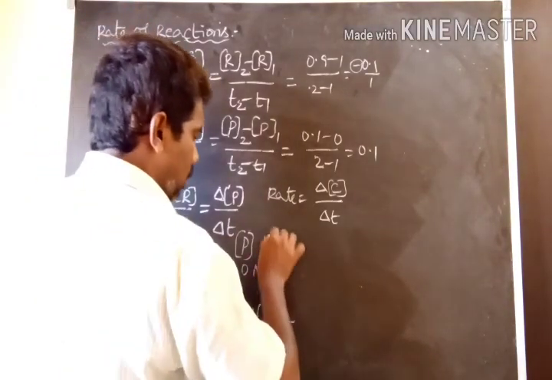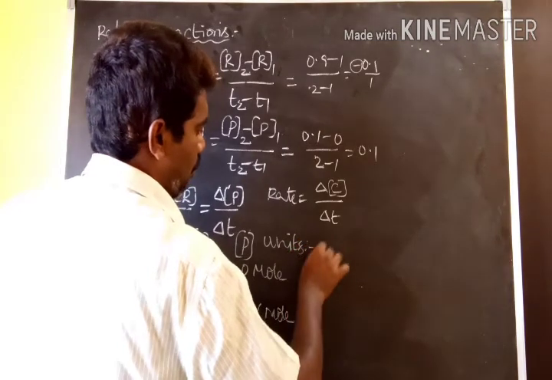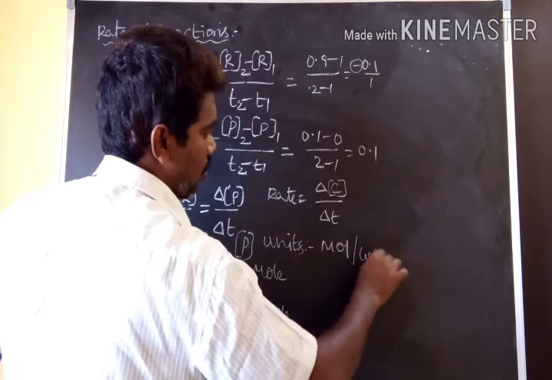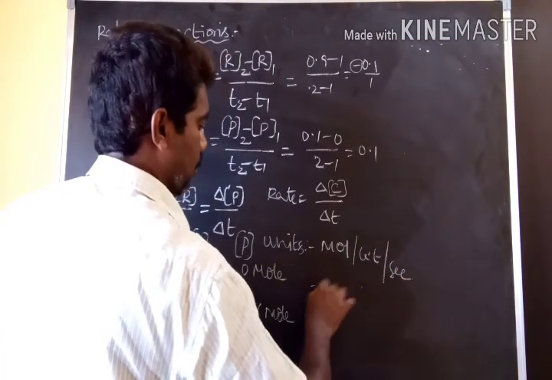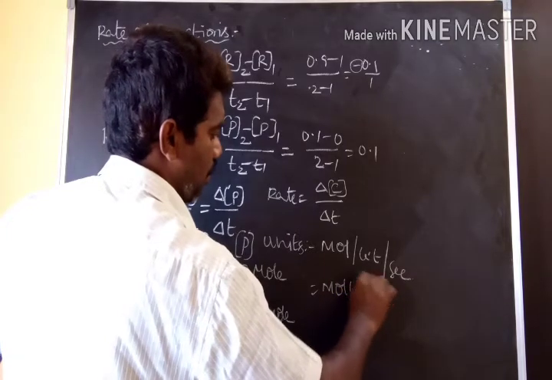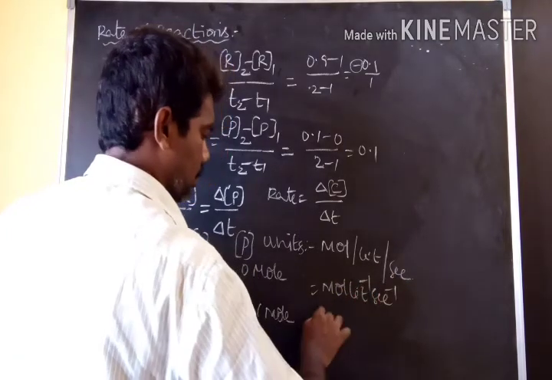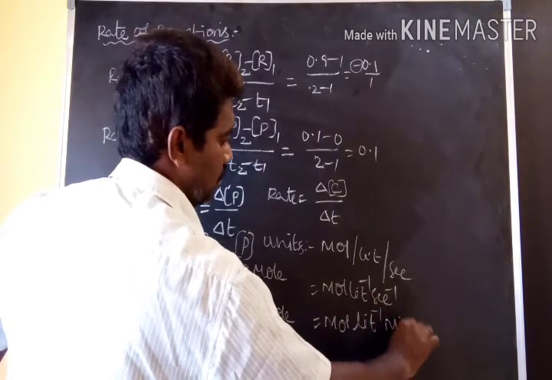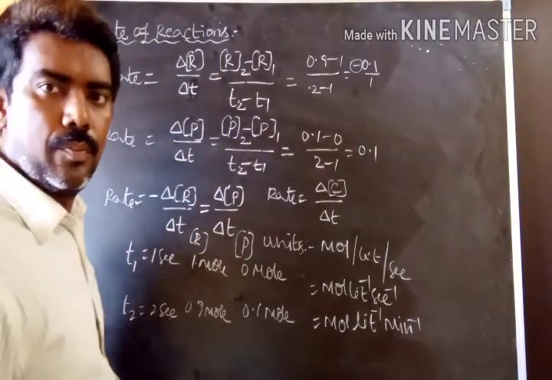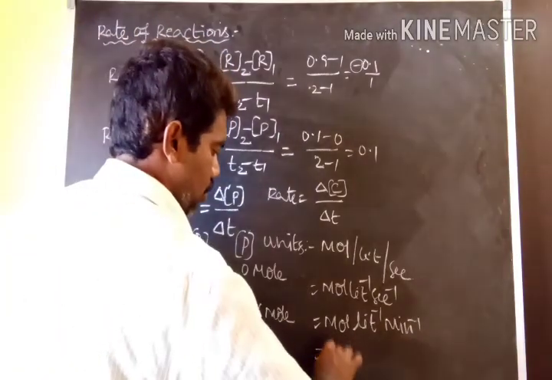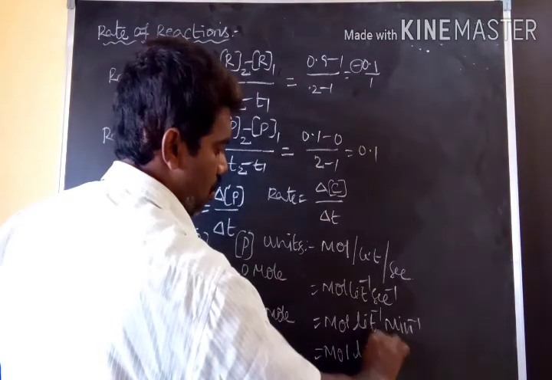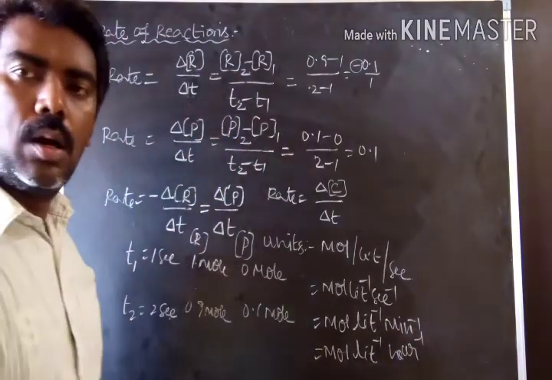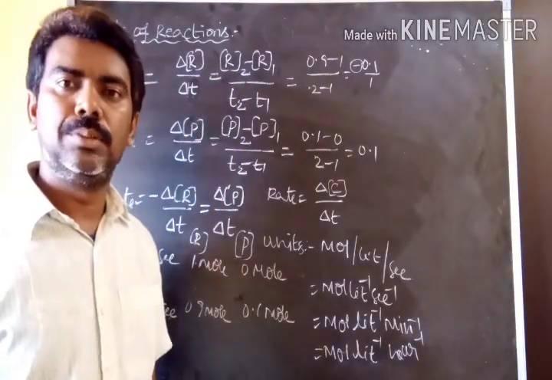So concentration units are mole per liter, and time units are seconds. Mole liter inverse second inverse, or mole liter inverse minute inverse, or if you take hours, mole liter inverse hour inverse, or years inverse also.